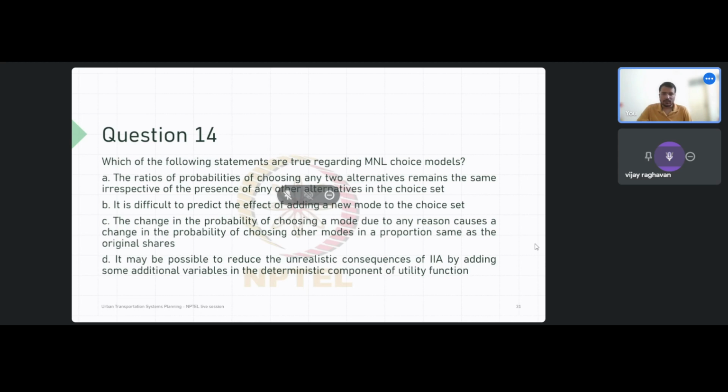So you can try. I'll give maybe 1 minute. You can put the answer in the chat box. Then we'll discuss that.